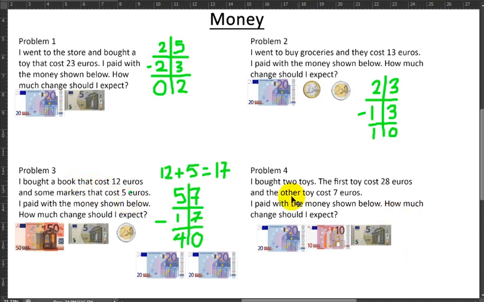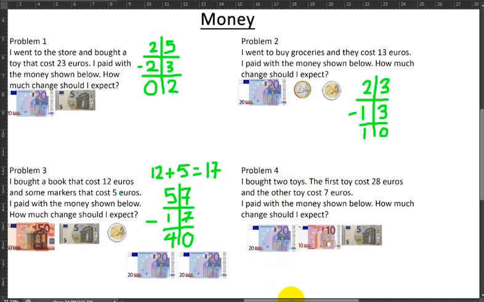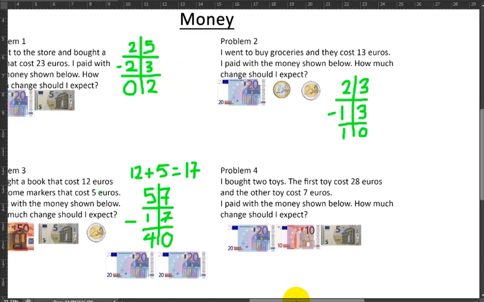Okay? Next up, problem 4 says, I bought two toys. The first toy cost 28 euros and the second toy cost 7 euros. Let's move this a little bit further to the right because I need some room. So before I start, I need to find how much the things that I bought cost together.